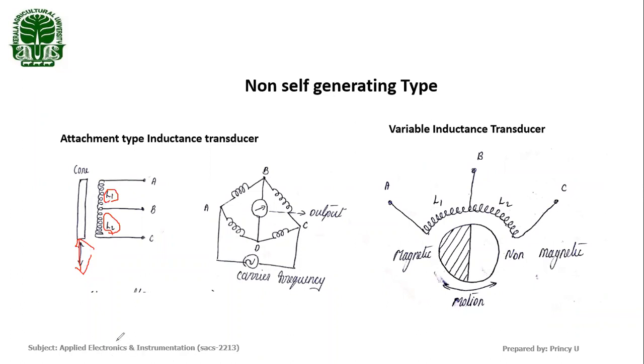This core is made up of high permeability steel and is attached to the moving object. Some object will be there, and the motion of that object is attached to this core. So the motion changes the length of core inserted in this coil.